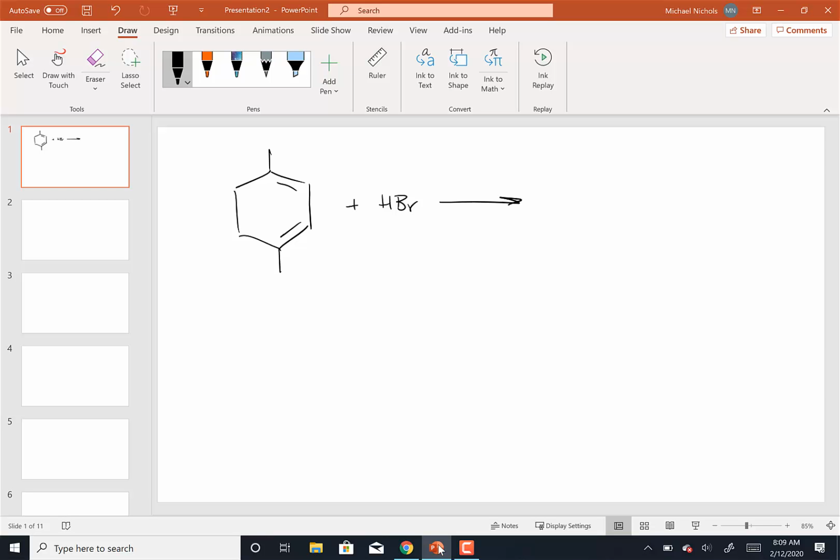If it was Br2, but if we were adding Br2, then we would get something sort of like that. I want to add H plus. First thing I want to do is add H plus to this molecule, and what I want you to do is write the carbocation that you're going to get to begin with.